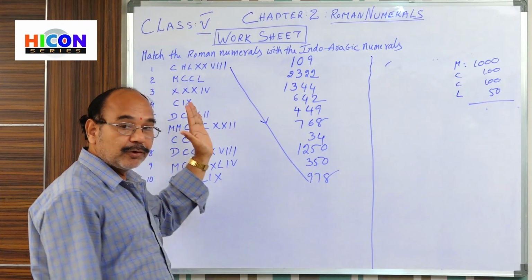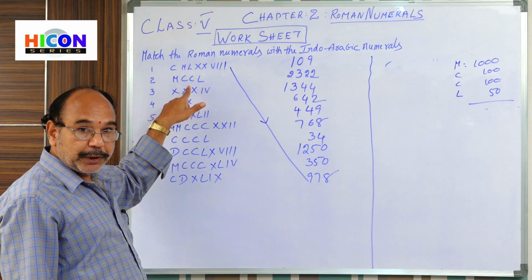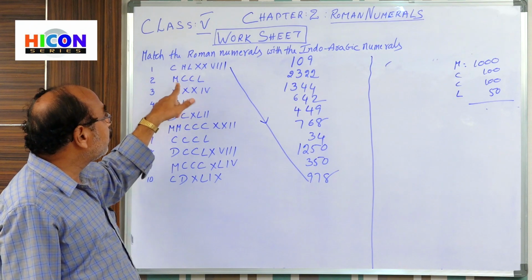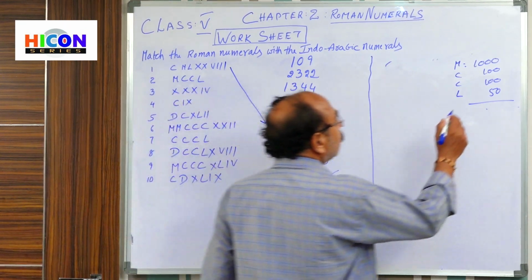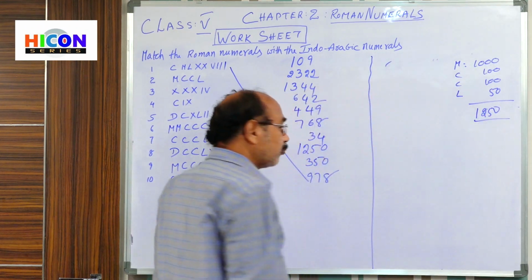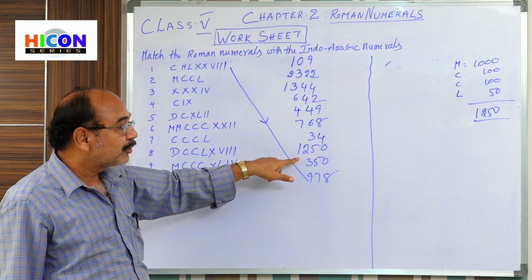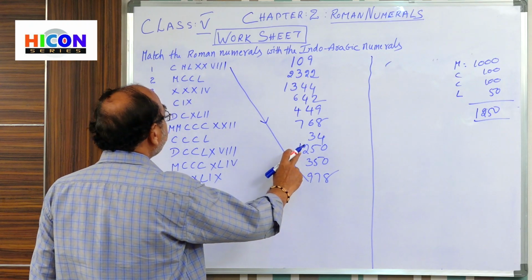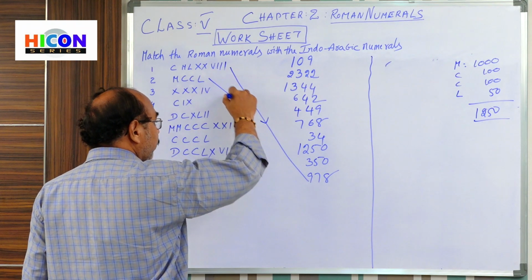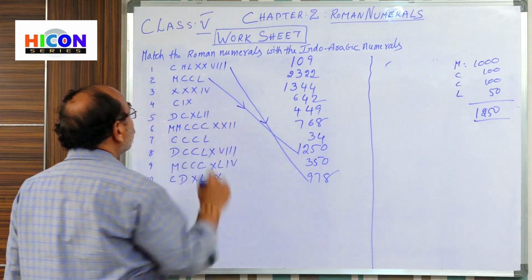Why are we adding here? Because here the smaller number symbols are placed to the right side of the bigger one. That's why addition is going on. So 1200 plus 50 is 1250. Now in the right corner, 1250 is there. So this is the related number, and we have to connect 1250 for MCCL.